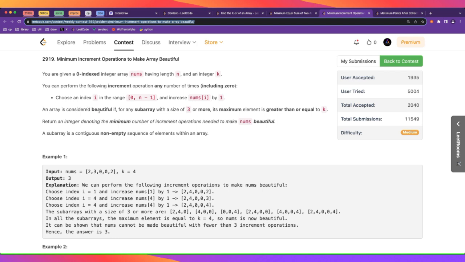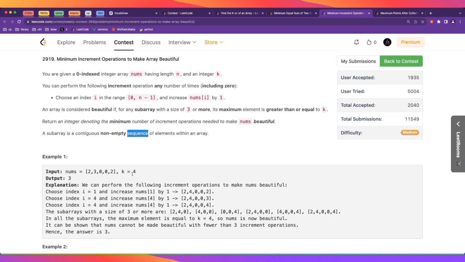An array is considered beautiful if for any subarray of size 3 or more, this is interesting, its maximum element is greater than or equal to k. Return the integer denoting the minimum number of increment operations needed to make nums beautiful. Subarrays are contiguous.